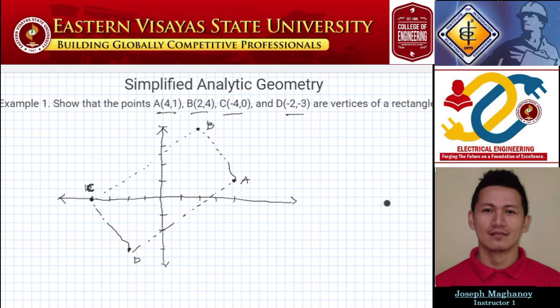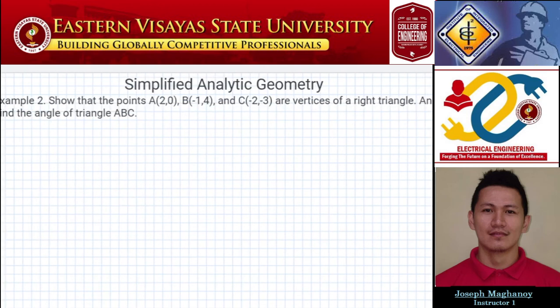For our next example, problem number 2: show that the points A, B, C are vertices of a right triangle and find the angles of triangle ABC. Still, our first step is to plot the given points always.